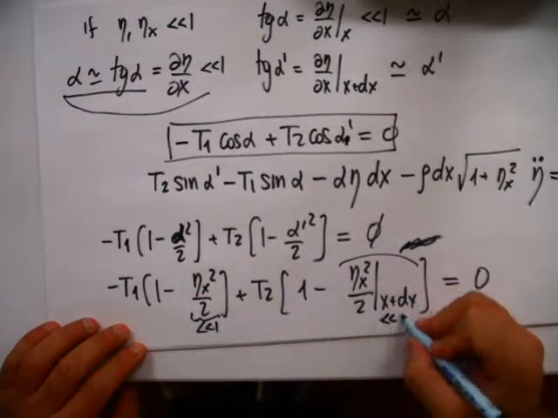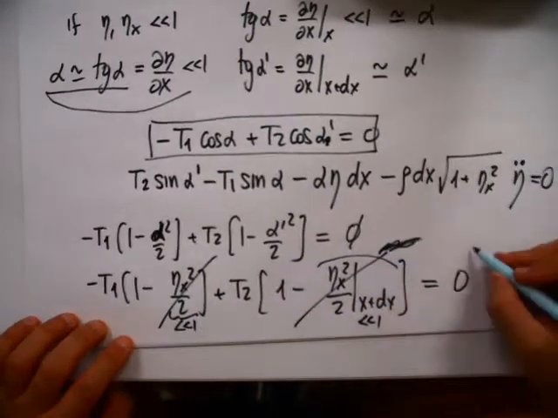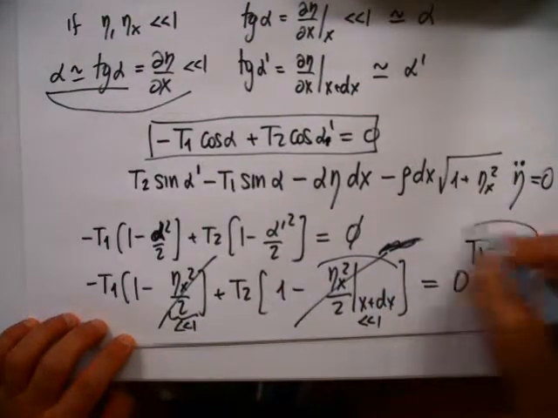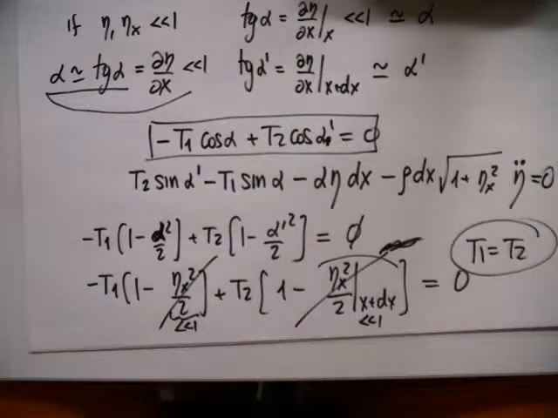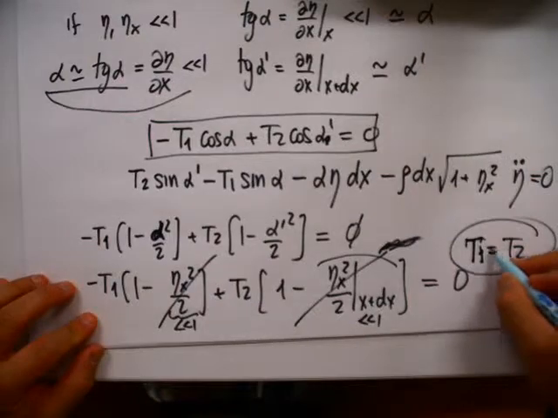So we can neglect them, and we immediately get T1 equal to T2. So as long as we have small displacements and small angles, the tension is uniform along the string. That's nice, and so that's why we can call this equal to T.